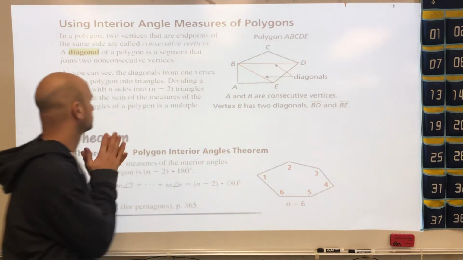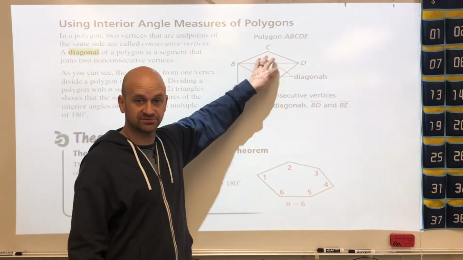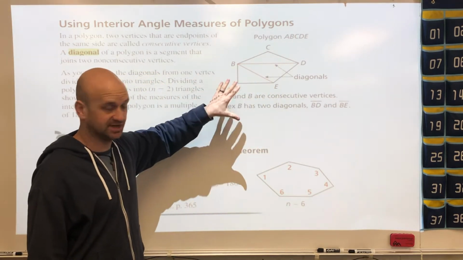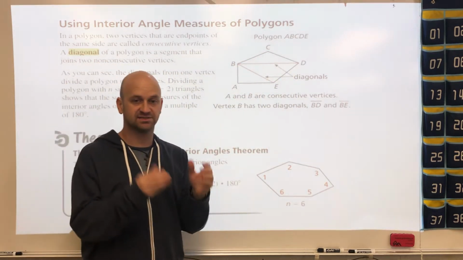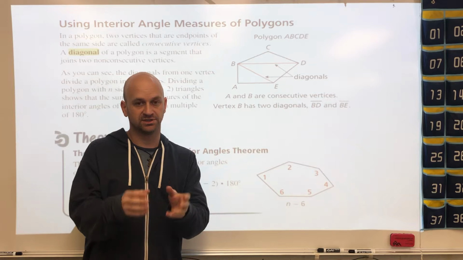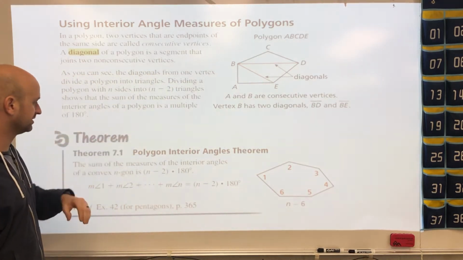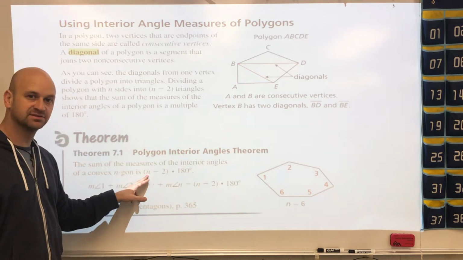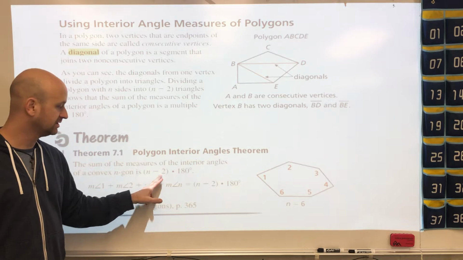Now, here's the shortcut: how many triangles do we have here? We have 3. How many sides do we have here? 1, 2, 3, 4, 5. 5 sides. So 5 sides give us 3 triangles, and 3 triangles times 180 would give us our answer. So we come up with this formula down here. N is the number of sides, minus 2, always minus 2, times 180.